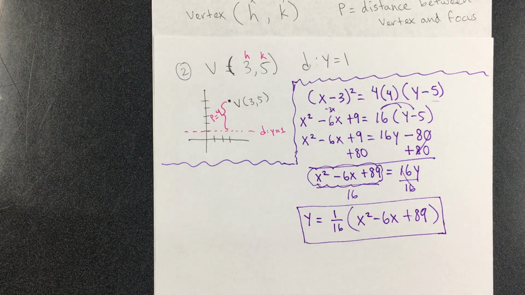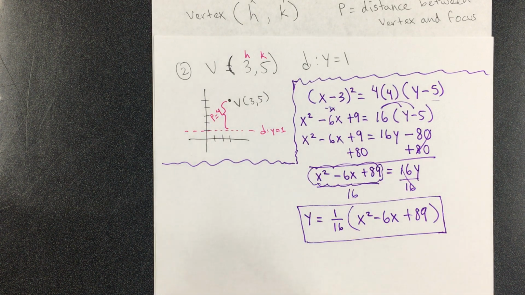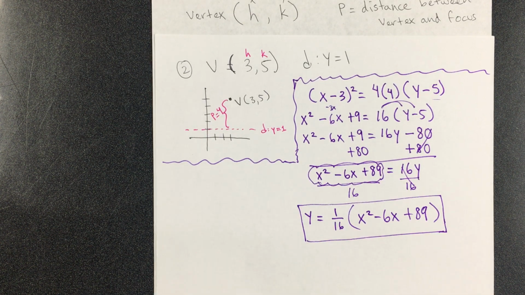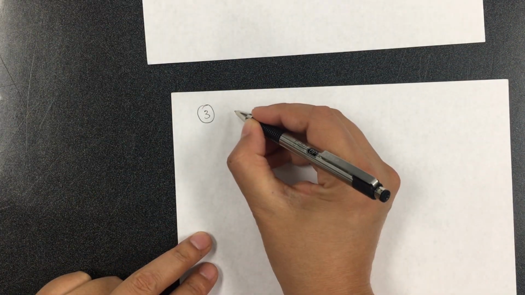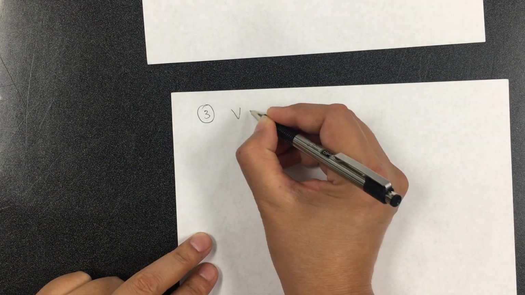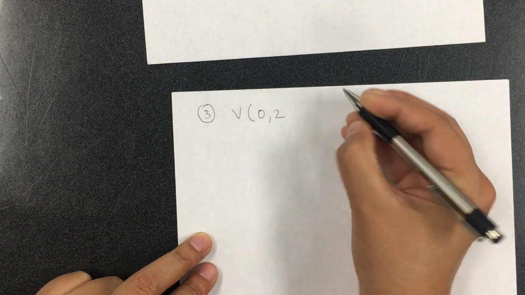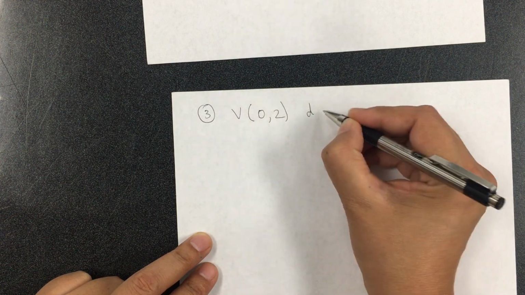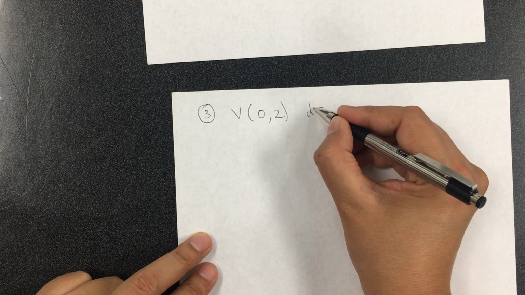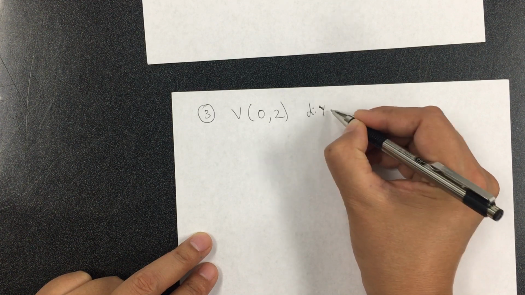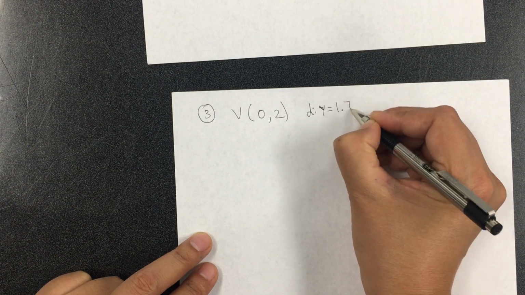Okay, let me do one more. They're giving us, for number 3, the vertex again, which is at (0, 2), and the directrix, which is y equals 1.75.